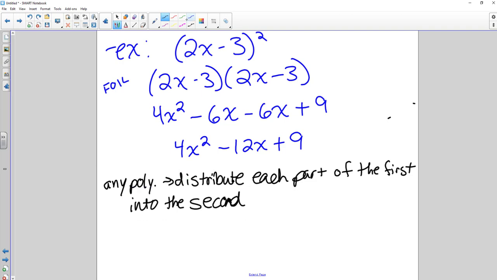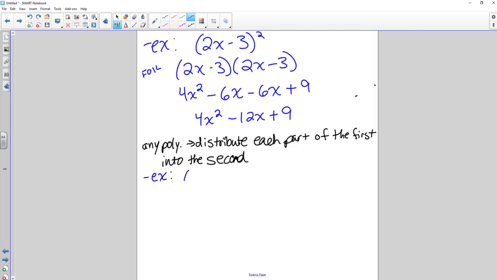Okay, so for example, if I have 3x minus 1 times 4x squared plus 5x minus 3.